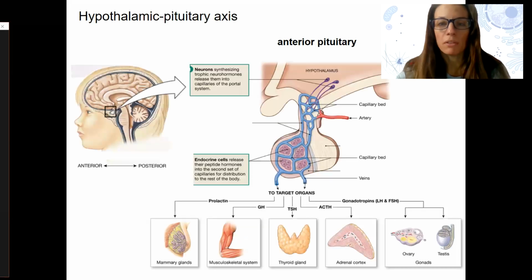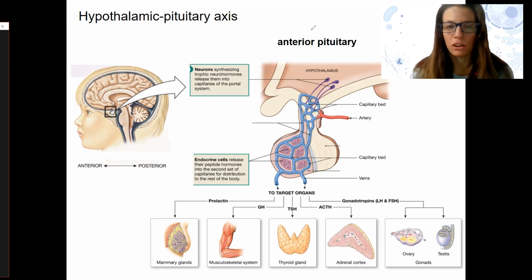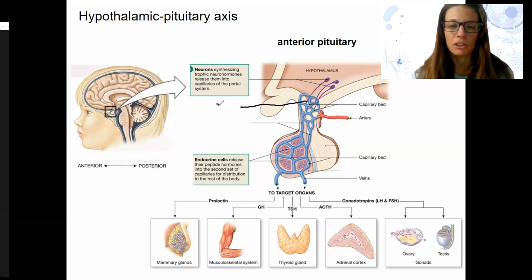So first, you may remember this lovely picture where these large cells in the hypothalamus are releasing hormones into this local capillary bed, this portal system. And in the case of what we're talking about this week, the hormone produced from these purple neurons is going to be gonadotropin releasing hormone, GnRH.